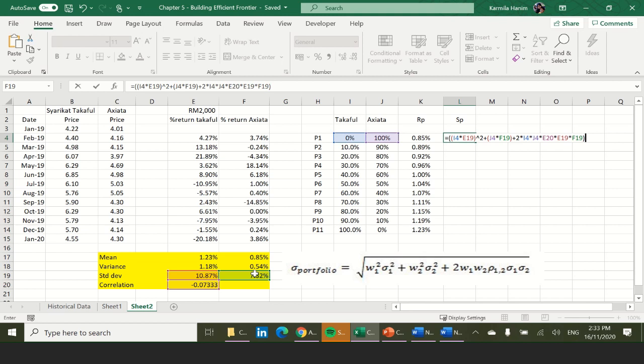And take the square root, or 0.5 to the power of 0.5.